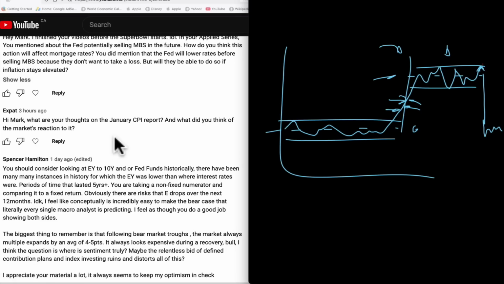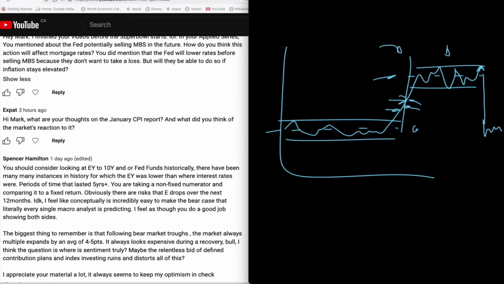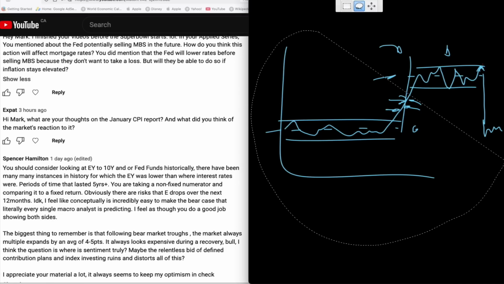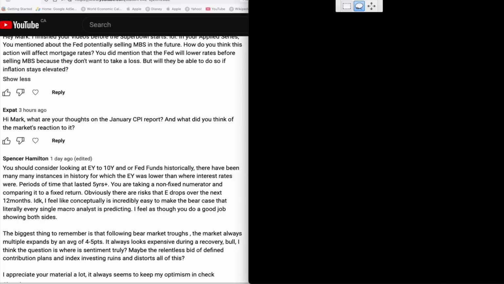Market's reaction to me was absolutely curious. As soon as it was released, I was watching the S&P chart, right? And the market was doing this, and then it came out, and you had a red bar that did this. And I said, I saw the numbers, and I thought, well, that's the right reaction.